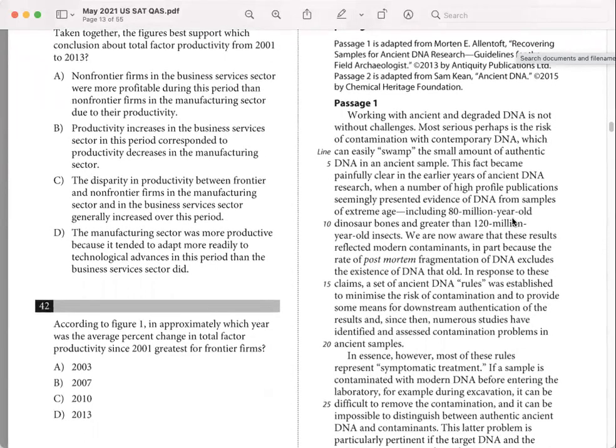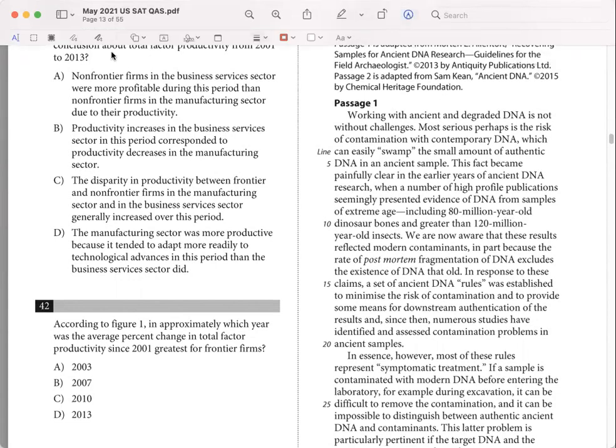Passage 1. Working with ancient and degraded DNA is not without challenges. Most serious, perhaps, is the risk of contamination with contemporary DNA, which can easily swamp the small amount of authentic DNA in an ancient sample.